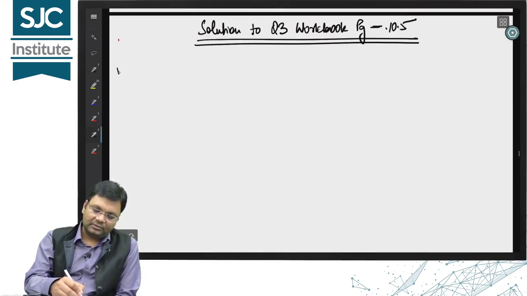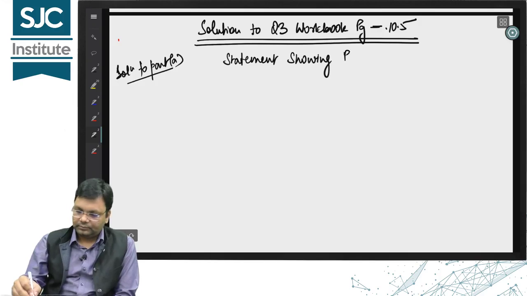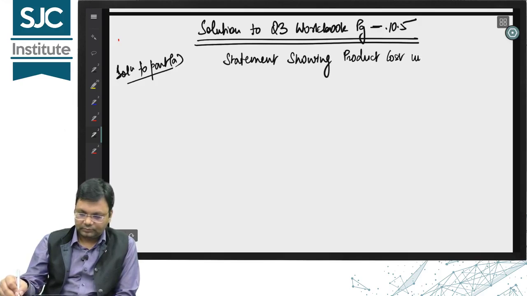So let us now begin the solution to part A. Statement showing product cost under existing system.